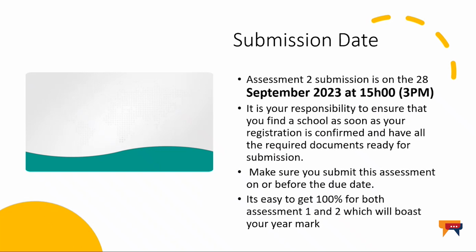Prepare that, and the early bird usually catches the fattest worm. Make sure you submit before the due date, and it's easy for this assessment to get 100%. This one and assessment 1, you can get 100%. You are now sorted for the 20% of your year mark.